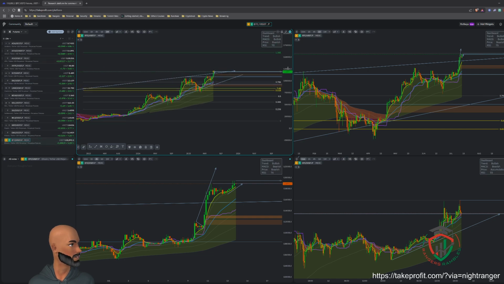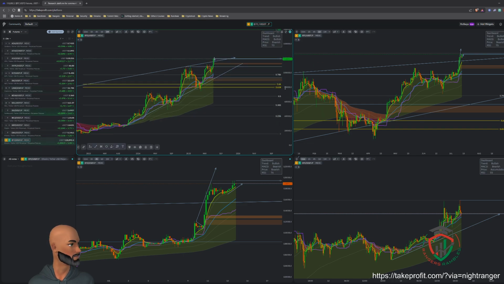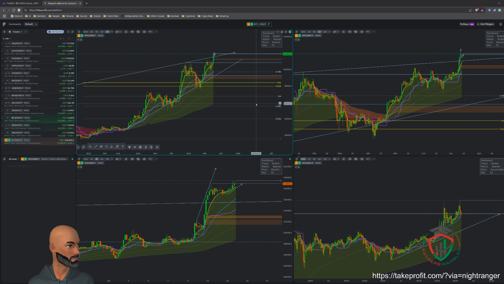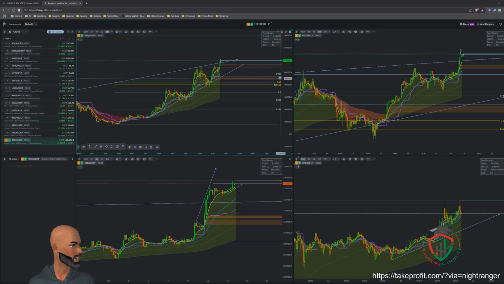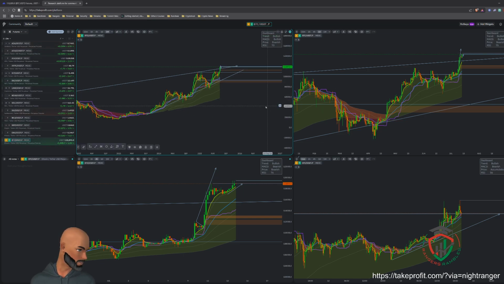On the weekly, the target has now gone up to roughly 159. That's pretty insane if it goes that high. There isn't really much analysis I can do at the minute on Bitcoin because I've already got my targets. I've already told you guys.